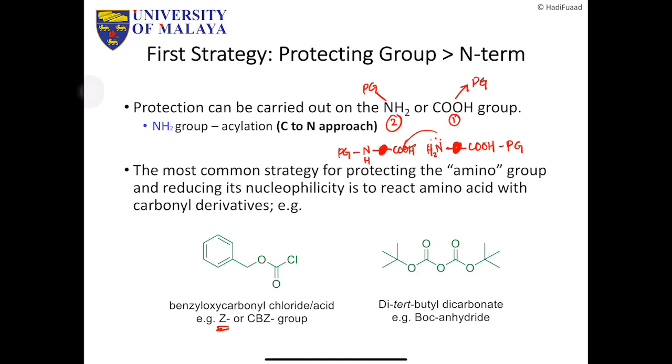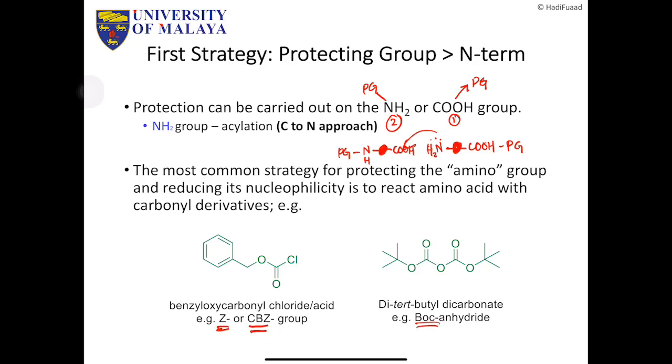An example is the Z protecting group. If you just Google Z protecting group, you can find this derivative, or CBZ protecting group. Sometimes the abbreviation changes and there's a slight modification on the structure.